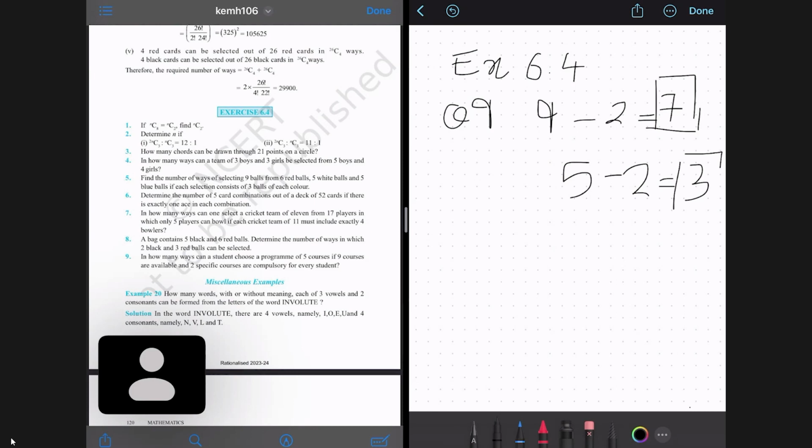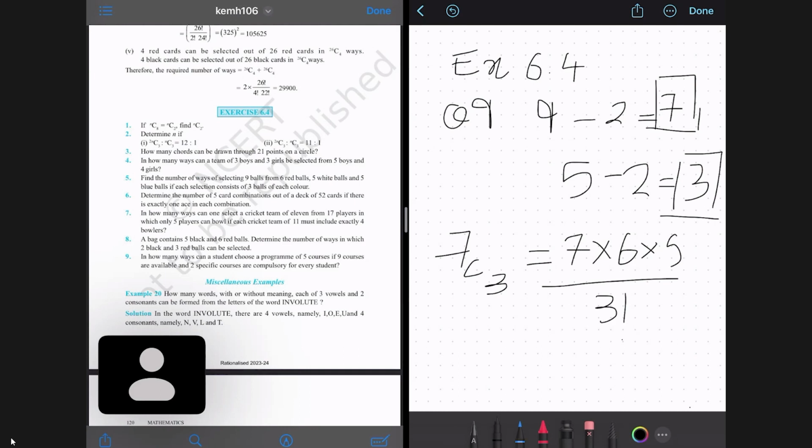So the number of choices available to us is nothing but 7C3, which could be expressed as 7 into 6 into 5 upon 3 factorial, which is nothing but 6. The final answer is 7 into 5, which is nothing but 35.